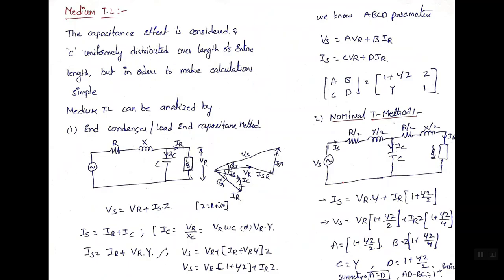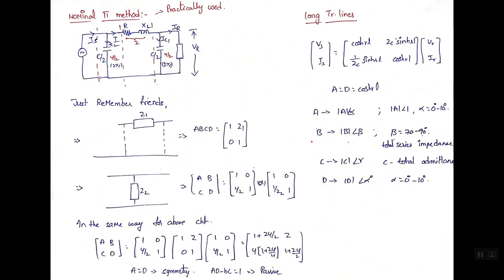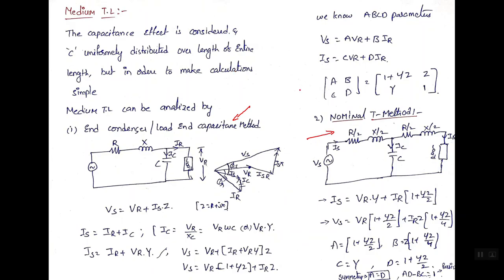Medium transmission lines are modeled using the end condenser method, the nominal T method and the nominal pi method. Here the important ones are the ABCD parameters.